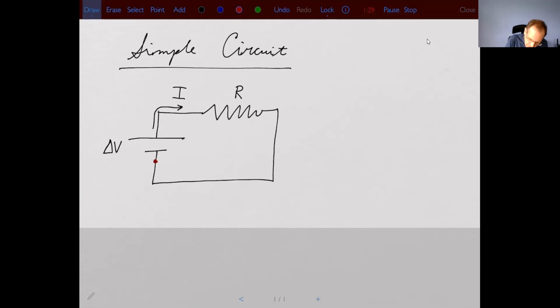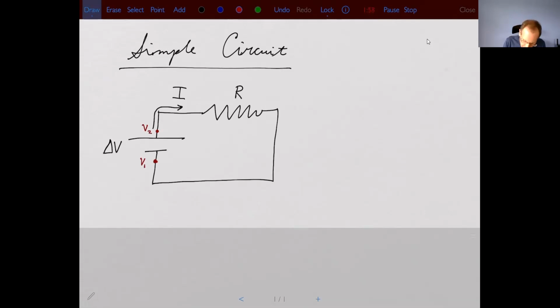Let's say it has some potential, V1, and it could be 0, it doesn't matter. And then this other side has a potential V2. So let's say it's a 1.5 volt battery. If V1 is 0, then V2 would be 1.5. So that potential difference is equal to 1.5.